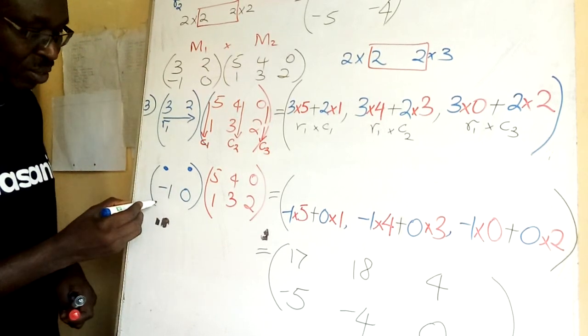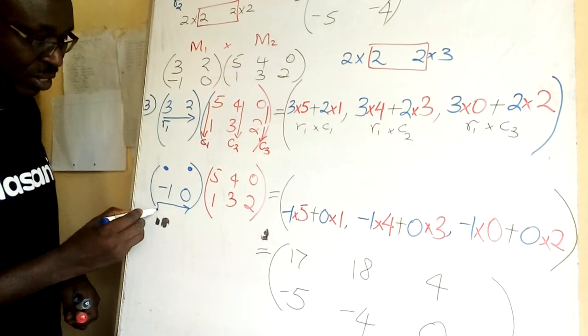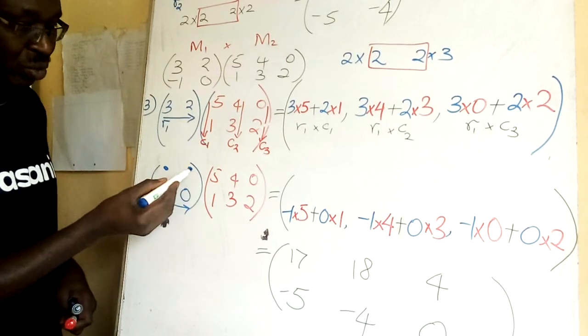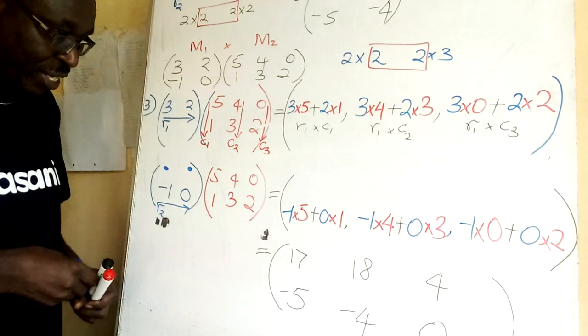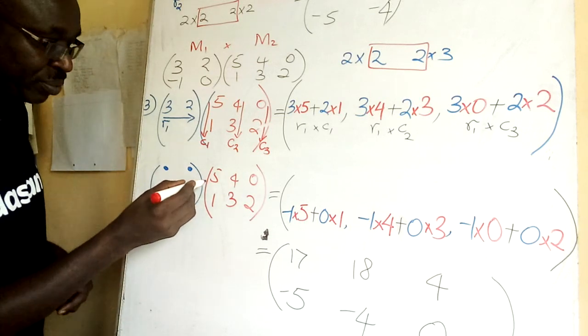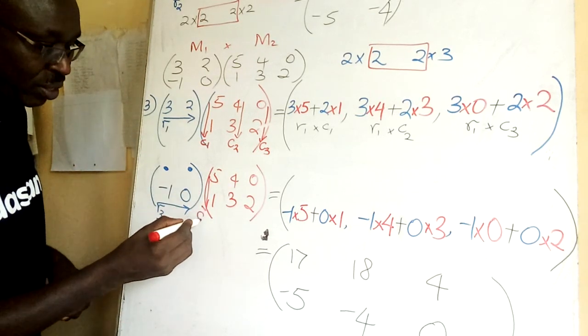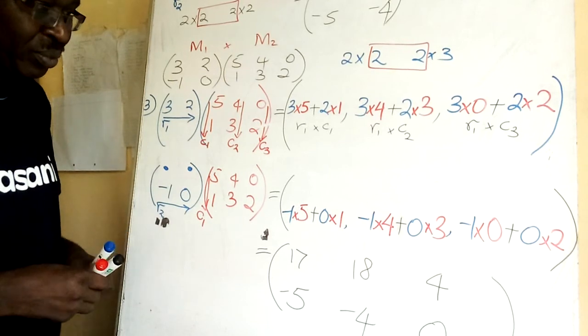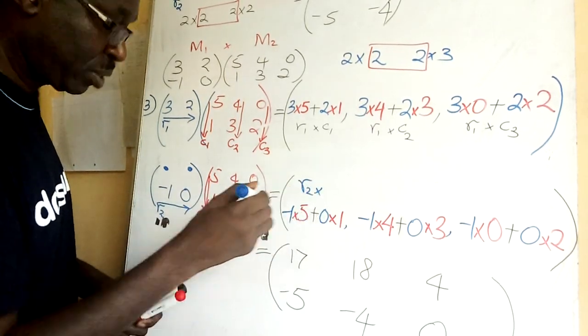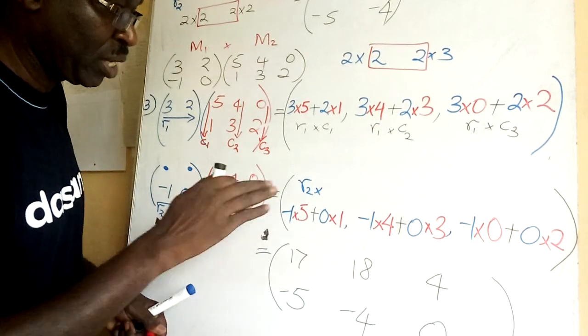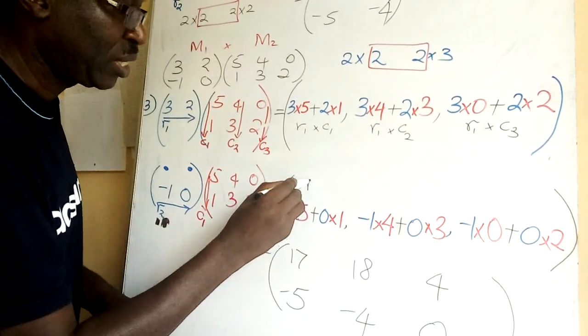There. So I come here. Now this is row 2. Because these ones, I've done them up. Get it right? So we have here, again, C1. So we are doing R2 times, I use black so that the colors can make sense.